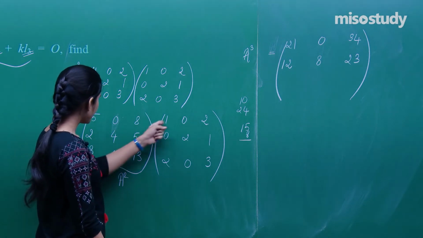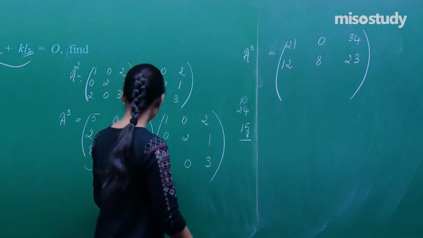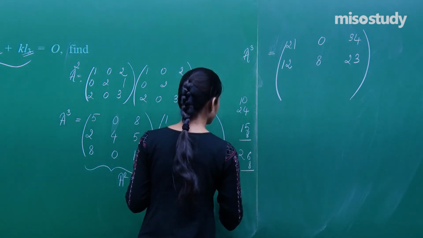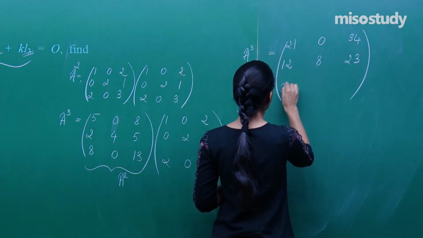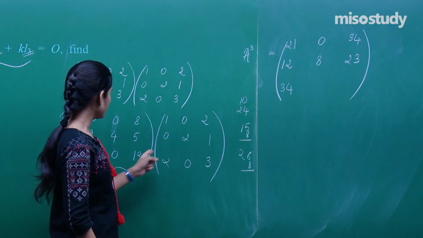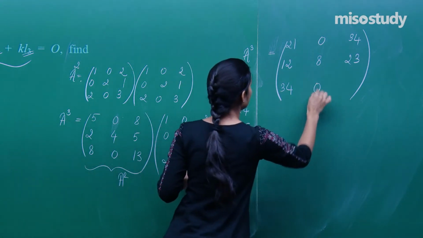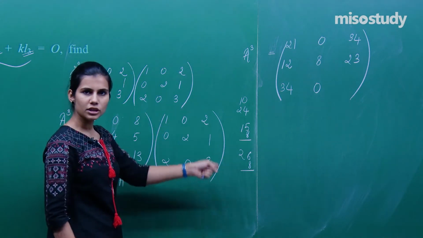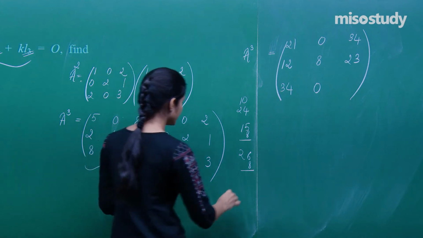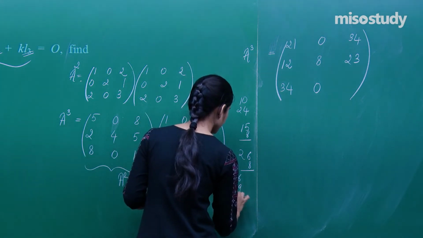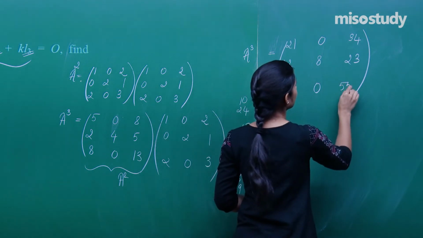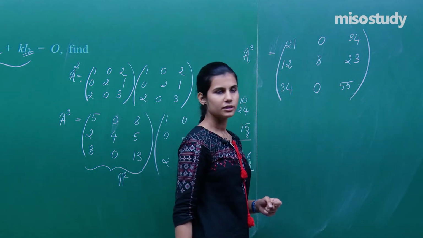Then you have 8 plus 0 plus 26. So you have 26 plus 8, which is again 34. Then you have 0 plus 0 plus 0. And then you have third row, third column giving you the last entry, 16 plus 0 plus 39. So it is 55. This is A cube.